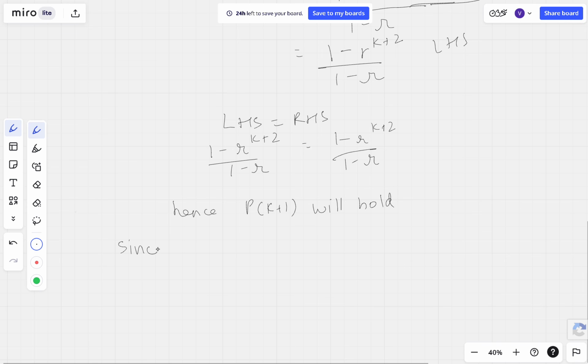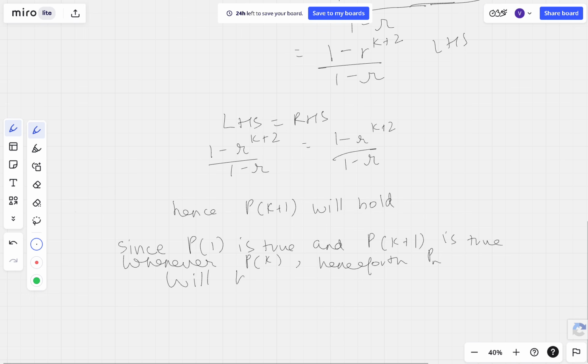Since P of 1, which is when n equals 1, is true, and P of k plus 1 is true whenever P of k is true, henceforth P of n will hold for all n belonging to the positive integers.